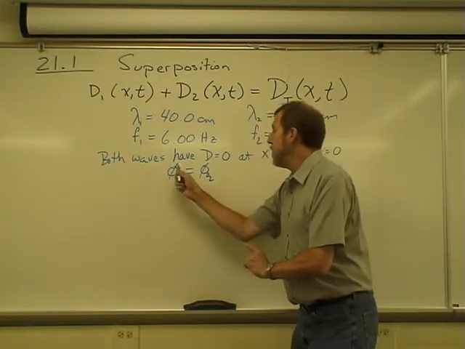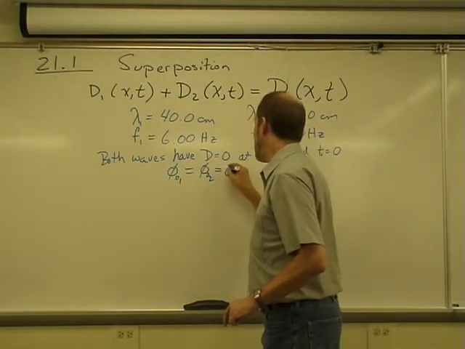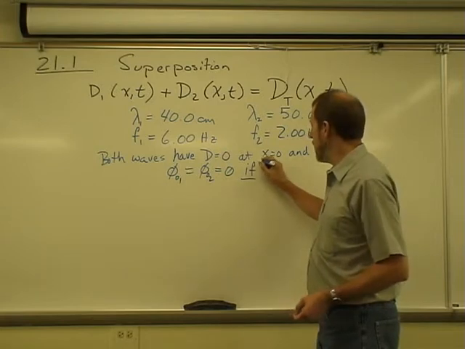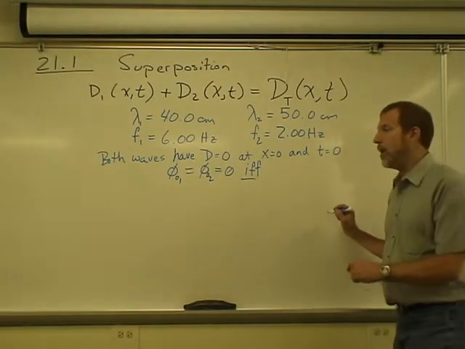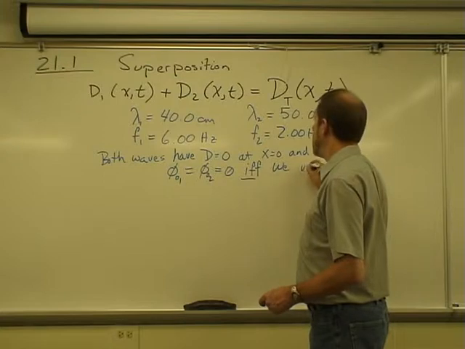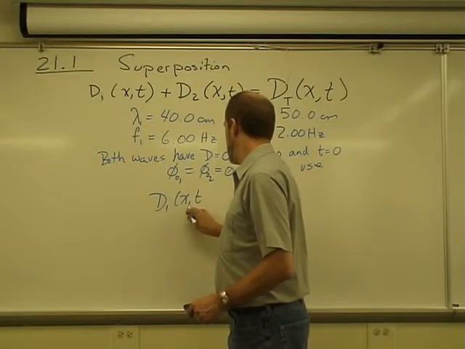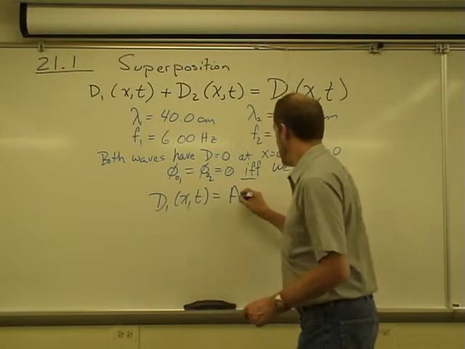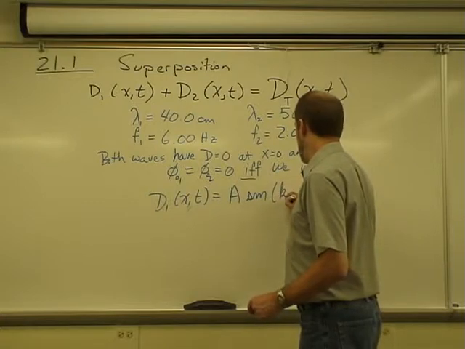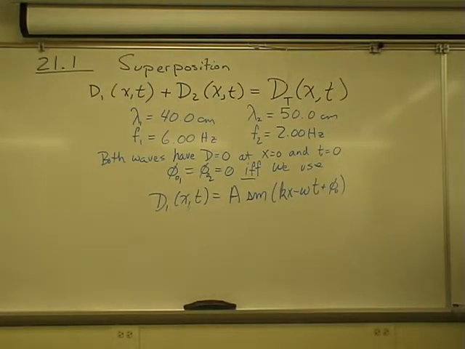Because both waves will have a displacement of 0 at x equal to 0 and time equal to 0, then I can say that the phase shifts are 0 if, and I could even use the longer mathematical if and only if, we use the displacement as some sine function.